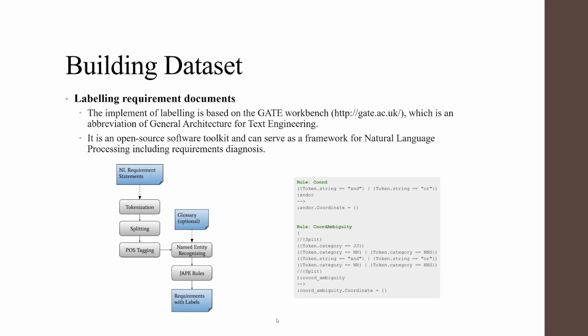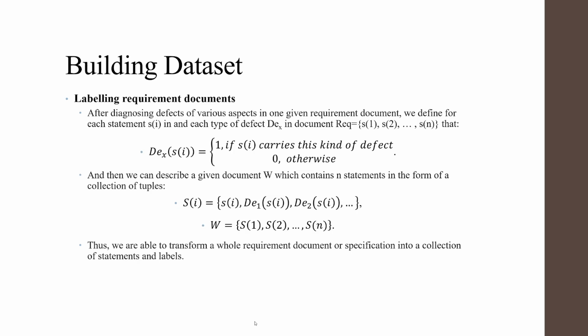This is an example of a rule for detecting ambiguity caused by coordination. Therefore, we are able to transform a whole requirement document or specification into a collection of statements and labels.